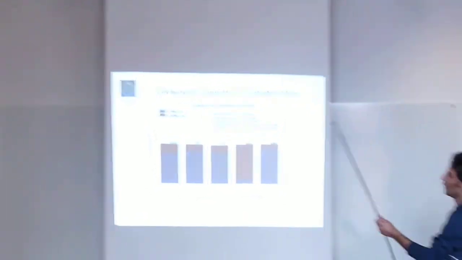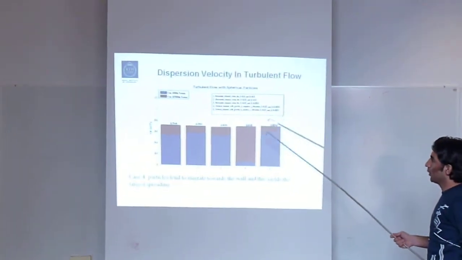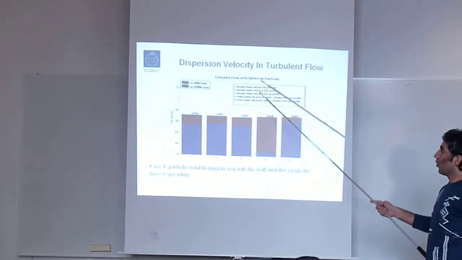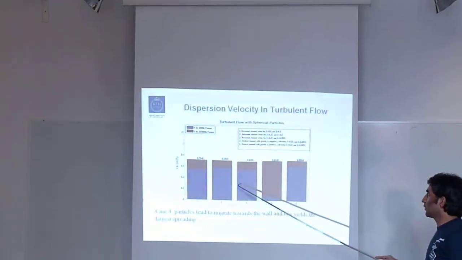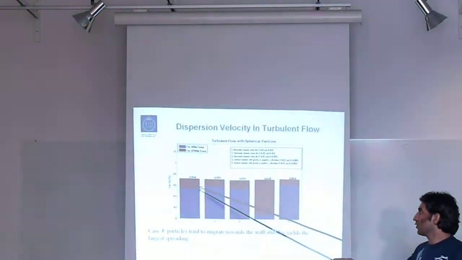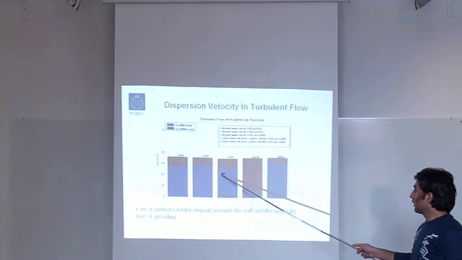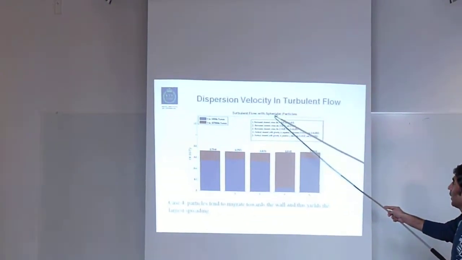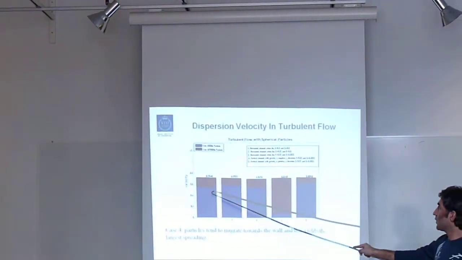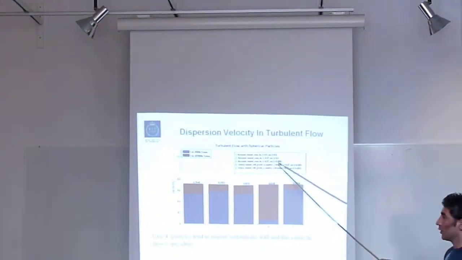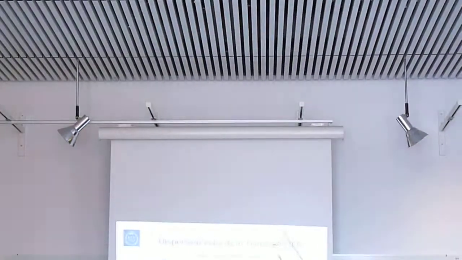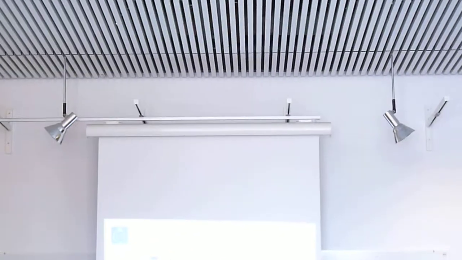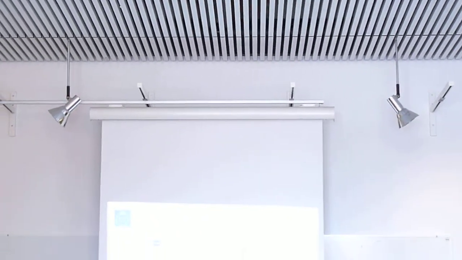And this bar chart is for the velocity dispersion for the turbulent case, and these three plots are for the horizontal when we have spherical particles. This is for the left side, and this is for the vertical. For all the particles spherical, but for the first case we have velocity equal to 0 and without gyrotaxis, and for the second case we inject the particles with some velocity which is equal to 0.02 and without gyrotaxis.